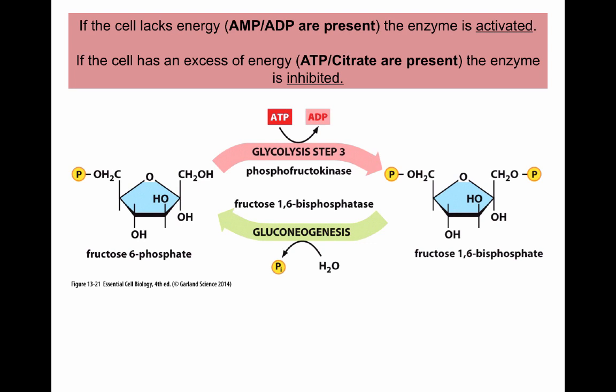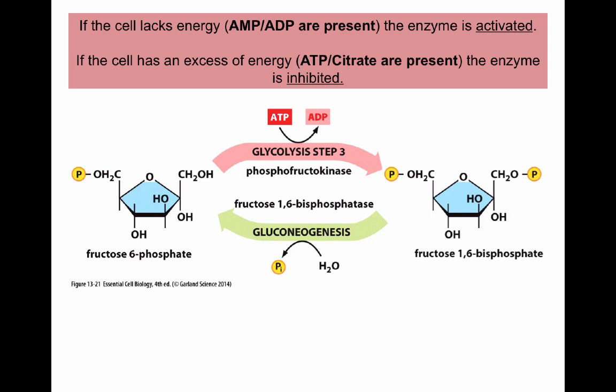So when we're looking at the reaction that is going to phosphorylate fructose 6-phosphate into fructose 1,6-bisphosphate by the enzyme phosphofructokinase, if the cell is lacking energy and therefore you have an excess of AMP and ADP, the enzyme phosphofructokinase will be activated to drive the production of more energy for the cell.